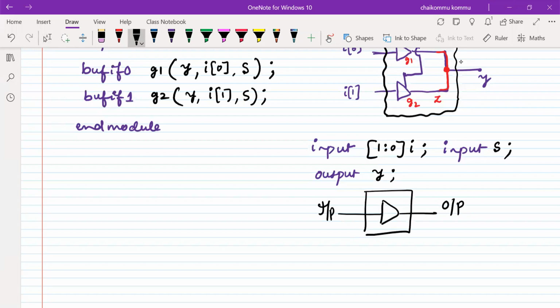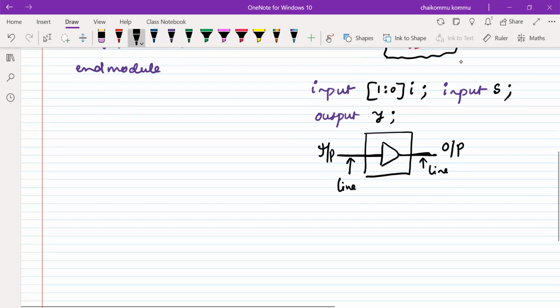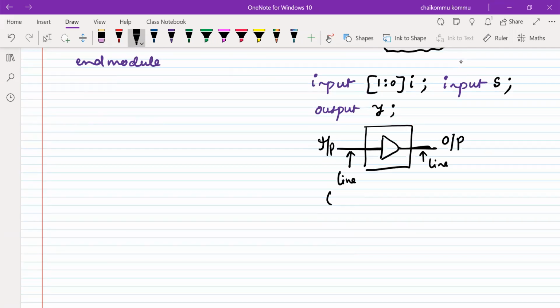So one line, this is called a line. This is called a line. This is also called a line. From the Verilog point of view, this is called a net. So this we will also call a net. It may be an input net, it may be an output net. So the default value for the net.